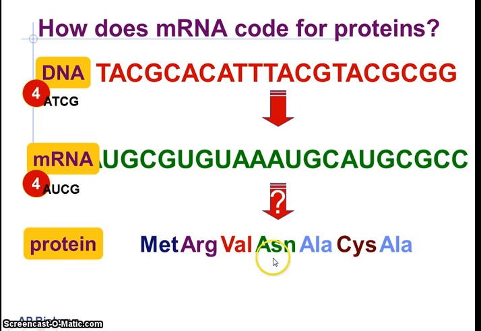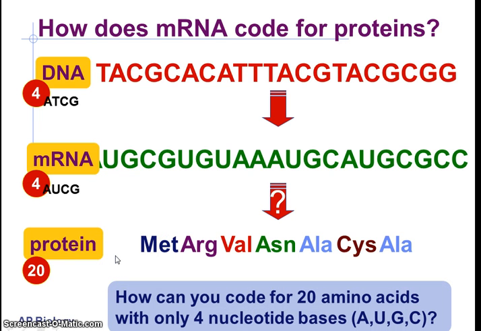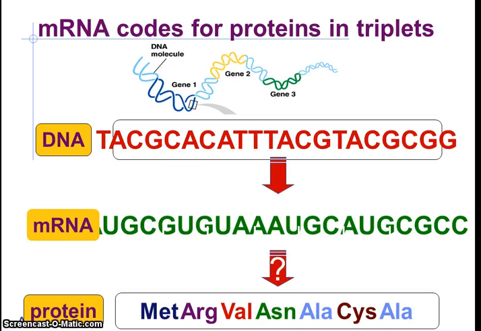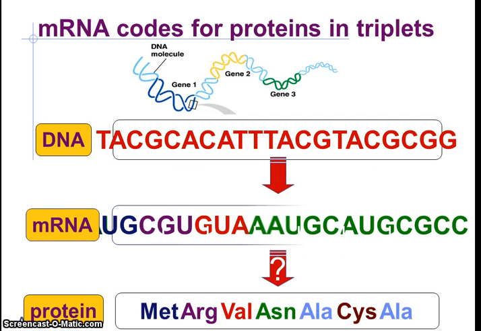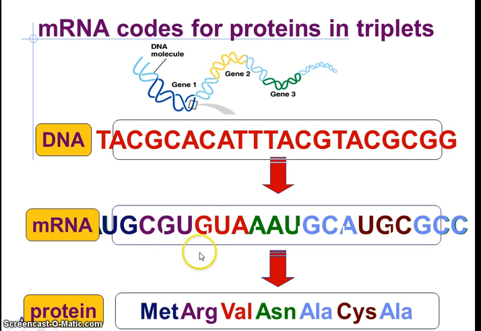Our amino acids. There are 20 different amino acids, but only 4 bases. How can you code for 20 amino acids with only 4 nucleotide bases? Well, first off, if you see the colors, every 3 nucleotides make 1 amino acid.